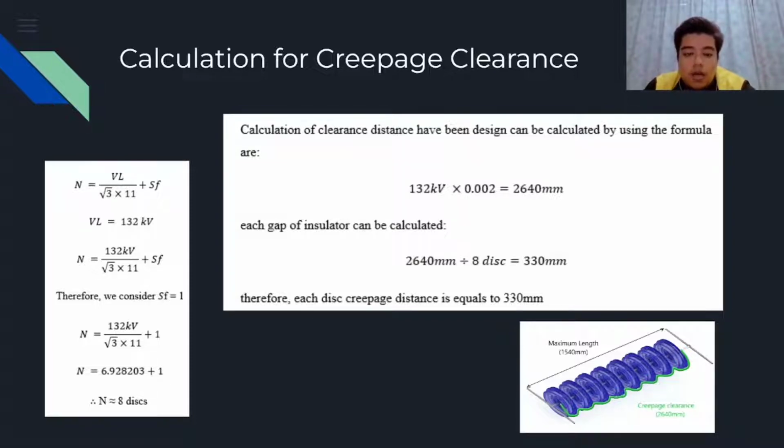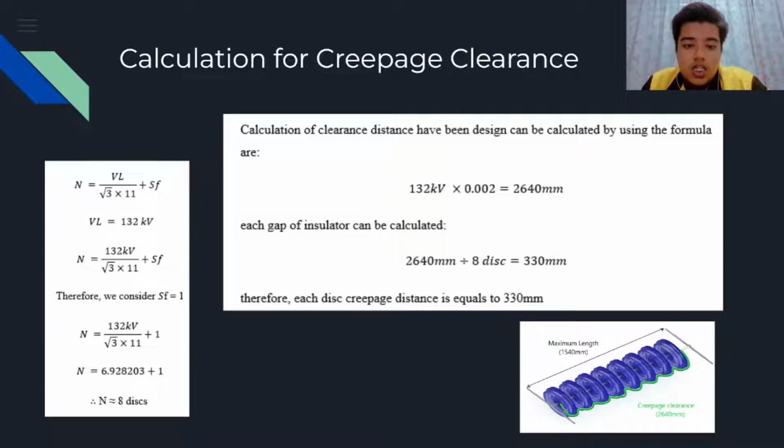Then, for the next step, which is to build the design of this glass insulator, the first thing we need to identify is the calculation of the creepage clearance. The maximum of the insulator is 1540 millimeter, and the creepage clearance we find by using 132 kV times 0.002, which gives 2640 millimeter.